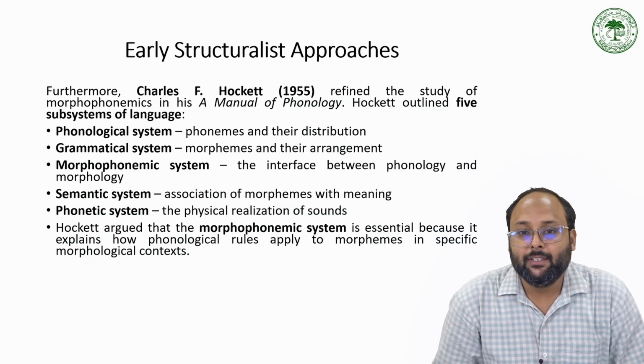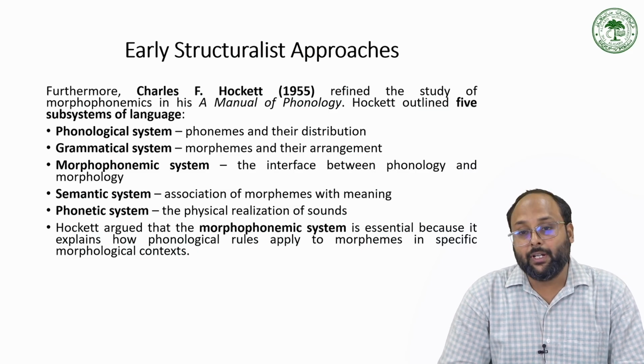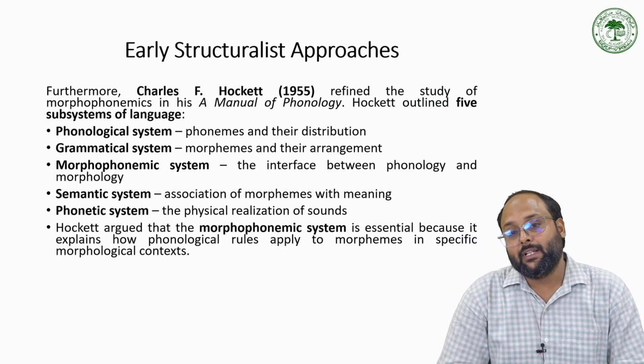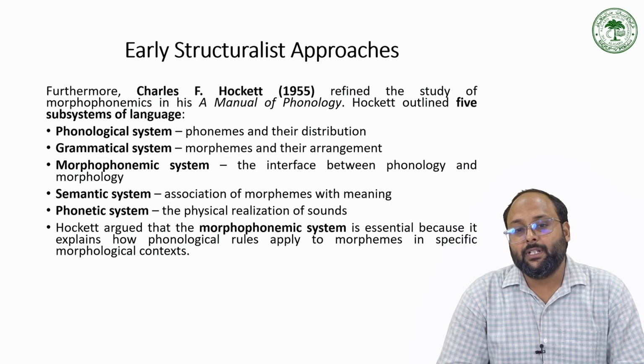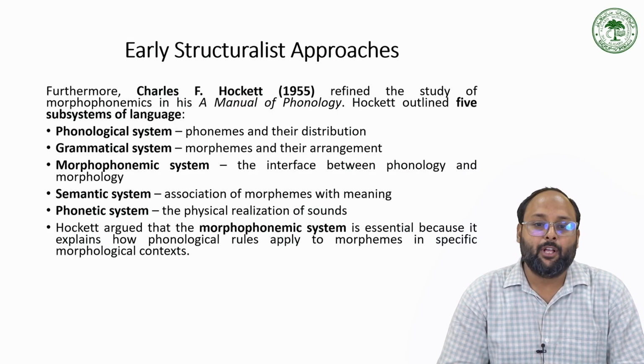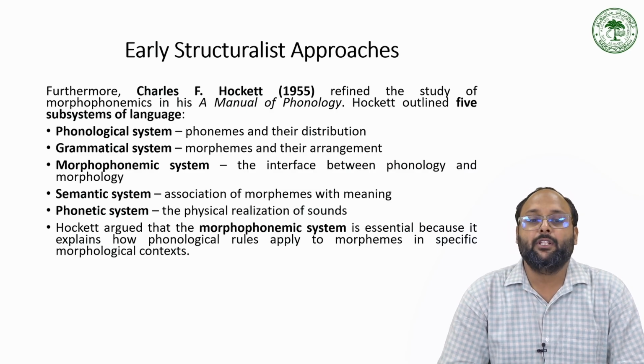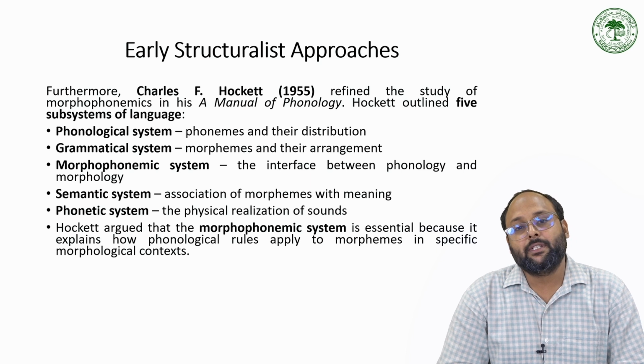After Bloomfield, Hockett also redefined the study of morphophonemics. He discussed five subsystems of language: the phonological system, meaning the phonemes and their distribution; the grammatical system, morphemes and their arrangement; and the morphophonemic system, the interface between phonology and morphology.